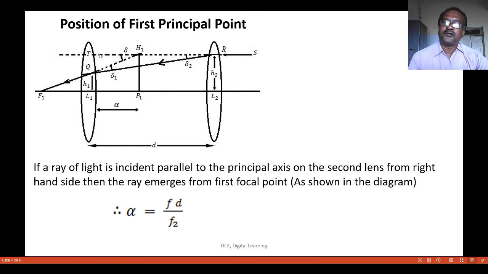Similarly, for the position of the first principal point, following the same principles, if we derive the same thing, then alpha will be equal to F into D by F2. Since this is measured along the incident light, it is taken positive here.